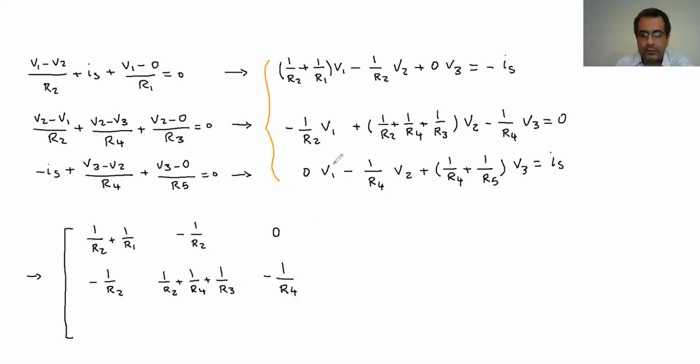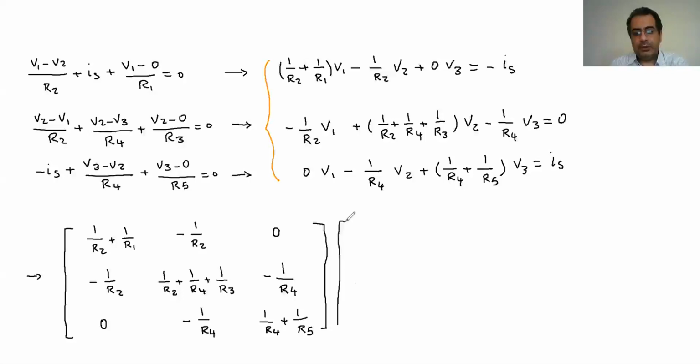And then the third line, just coefficient of V1, V2, and V3. So it's going to be 0 for the V1, negative 1 over R4, and 1 over R4 plus 1 over R5. So this is going to be the coefficient matrix. Then the next matrix is the matrix of unknowns, which is going to be V1, V2, V3.